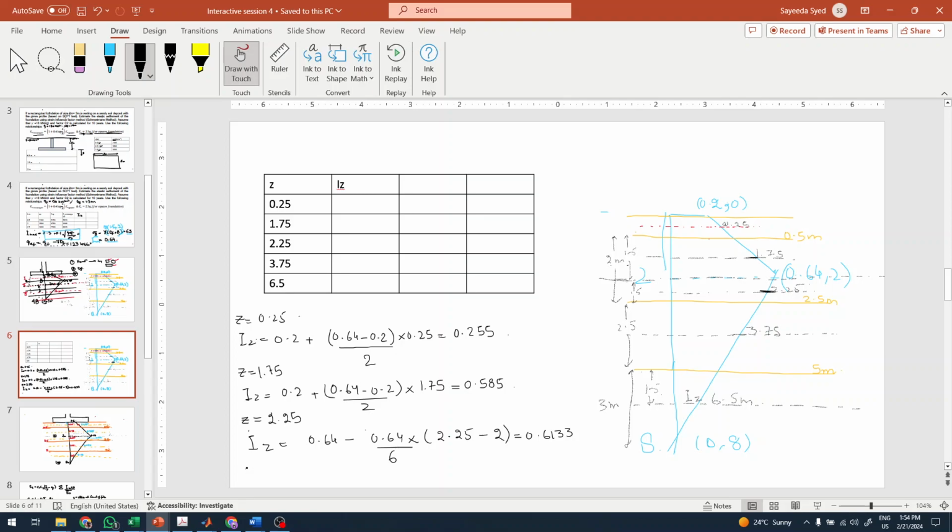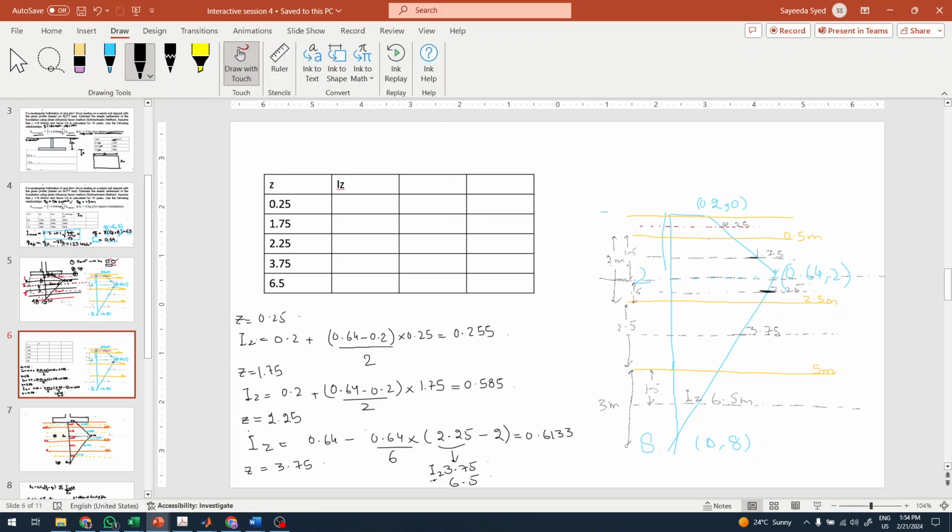Same goes for z equals 3.75. We just need to replace this by 3.75 and further by 6.5.